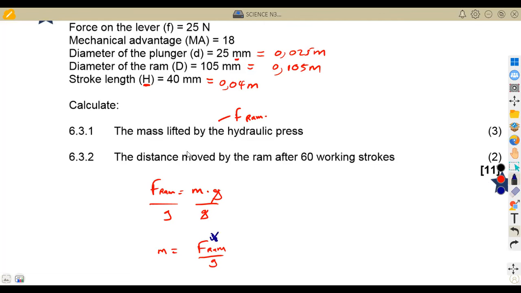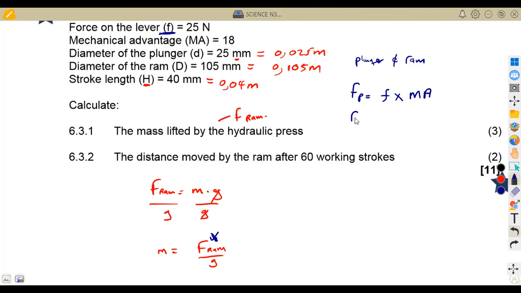All right. So we are going back to the relationship that we are given here. We are just given the force on the lever of 25. This is going to help us now to calculate the force on the plunger. Remember, we have got the plunger and the ram. So the force on the lever is going to affect our plunger force, which is FP, where we know that it is going to be the force on the lever, F, multiplied by the mechanical advantage.